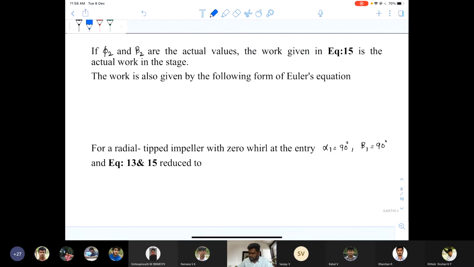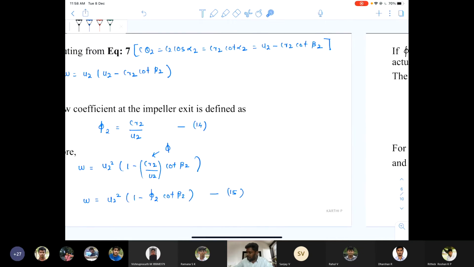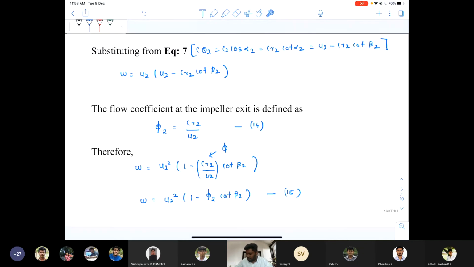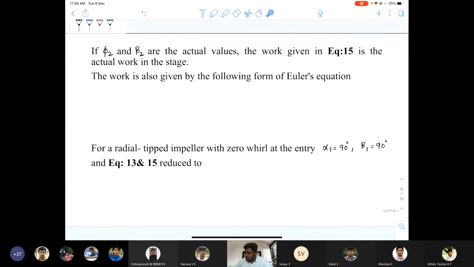If the flow coefficient and beta 2 are the actual values in this equation, the work in equation 15 is the actual work in the stage.